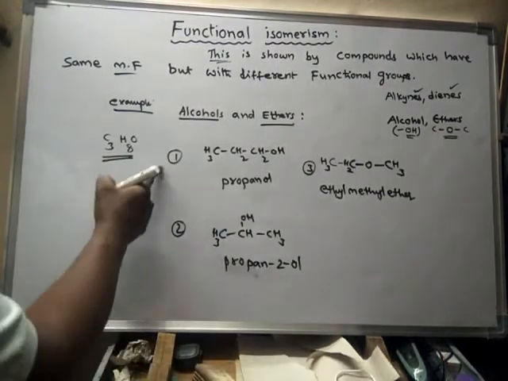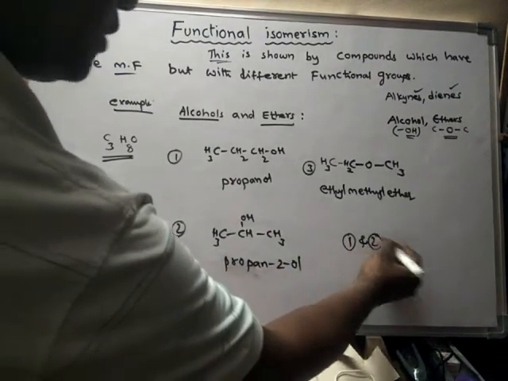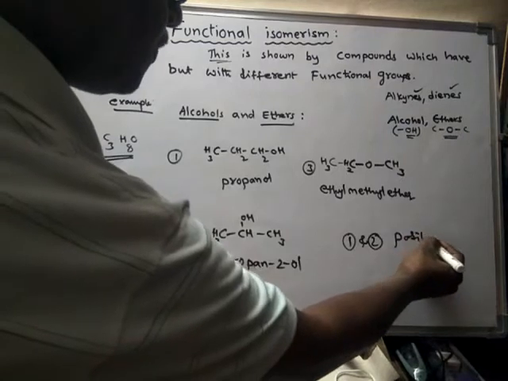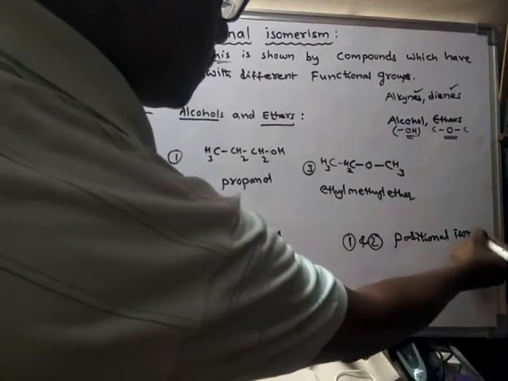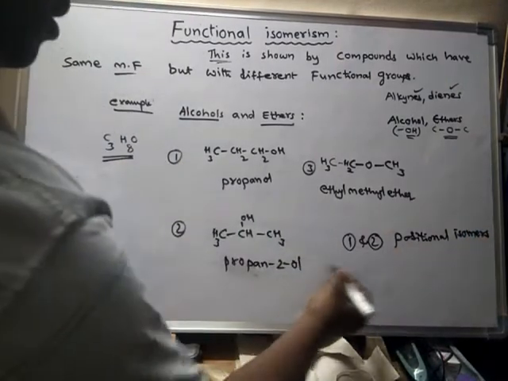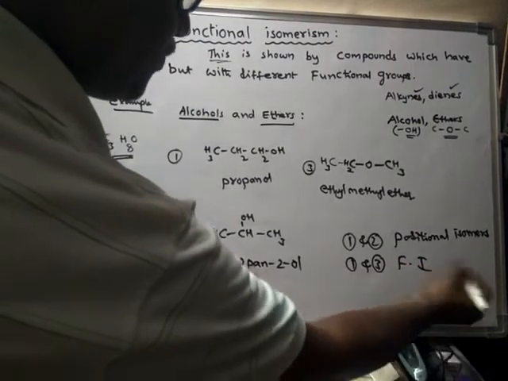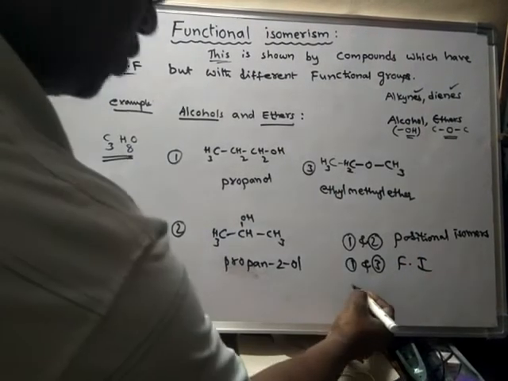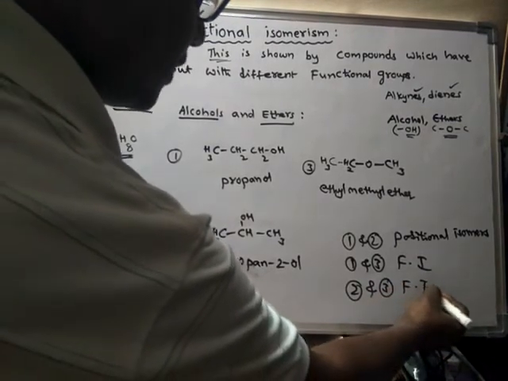So look here, 1, 2, 3. 1 and 2 are said to be positional isomers. 1 and 3 are functional isomers. Even 2 and 3, these two are also functional isomers.